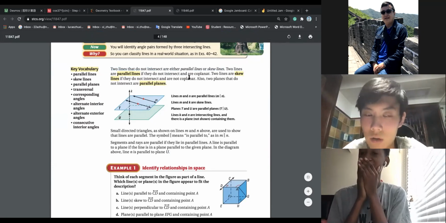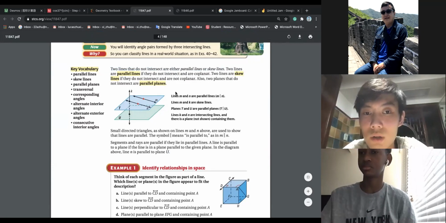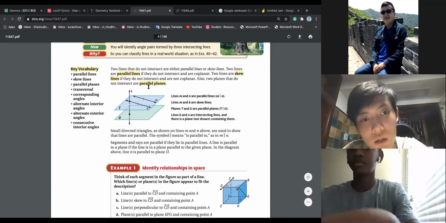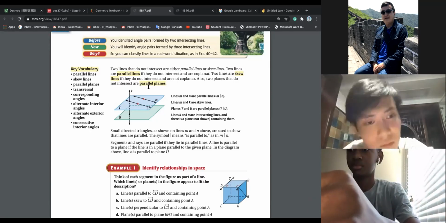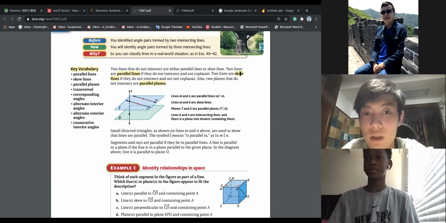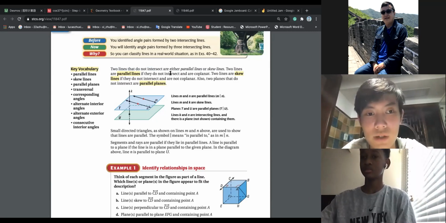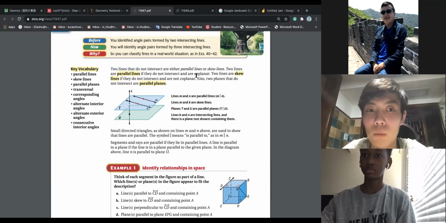But two lines are skew lines if they do not intersect and are not coplanar. So you have to remember the definition for skew lines. The difference between them is whether they are coplanar or not.